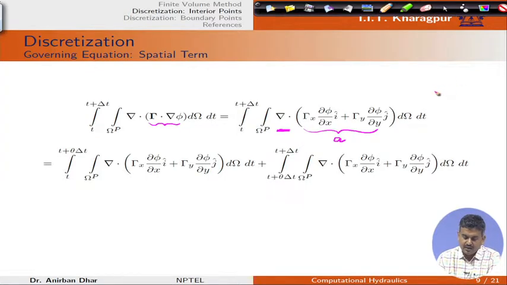Like our theta scheme in finite difference, this is the 0 level, this is theta, this is 1, this is t plus delta t, t plus theta delta t, and t only.